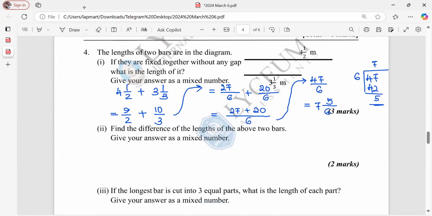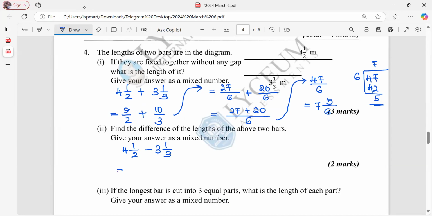Find the difference of the lengths of the above two bars. So how do you find the difference? You deduct the smaller one from the bigger one. So then we do the same thing for 4 1/2 subtract 3 1/3.